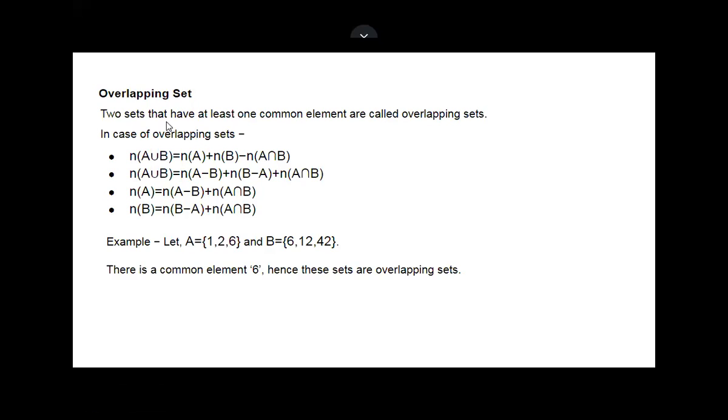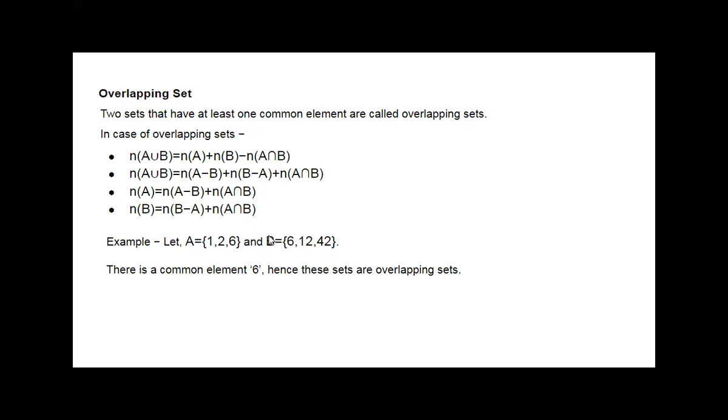Overlapping set means what? Two sets that have at least one common element are called overlapping sets. Here in A and B, 1, 2, 6 and 6, 12, 42: at least one element is common. A is also having 6, B is also having 6.